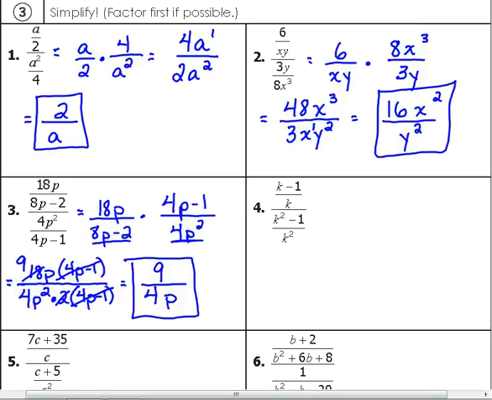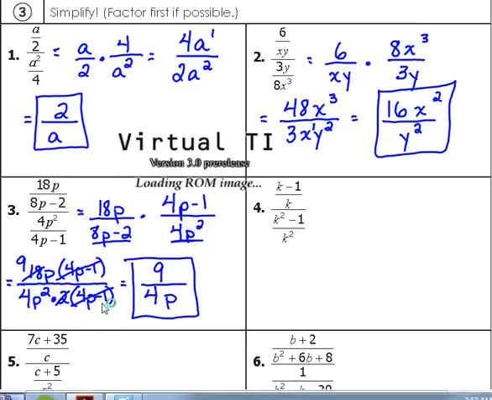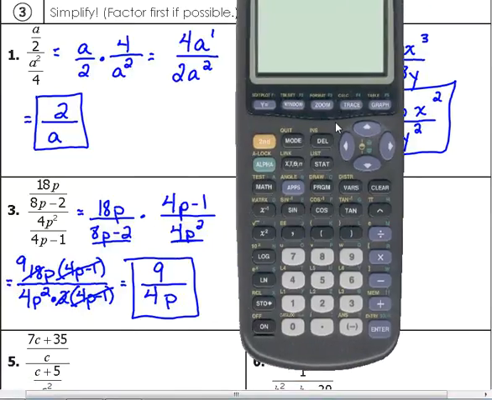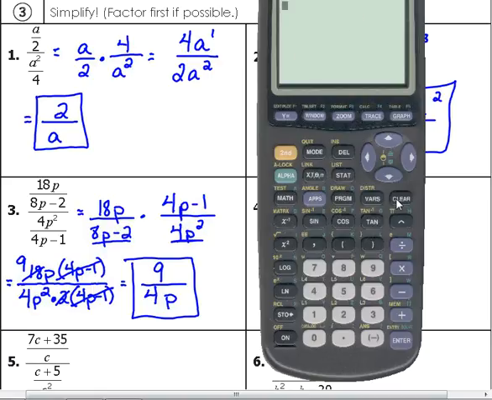Now, I haven't shown you how to check this yet, but remember we can always use our calculator. Whenever we're simplifying things, we check it by putting the original in y1 and the simplified version in y2. The problem with that is we've got to be careful. We've got to put lots of parentheses in here, okay?